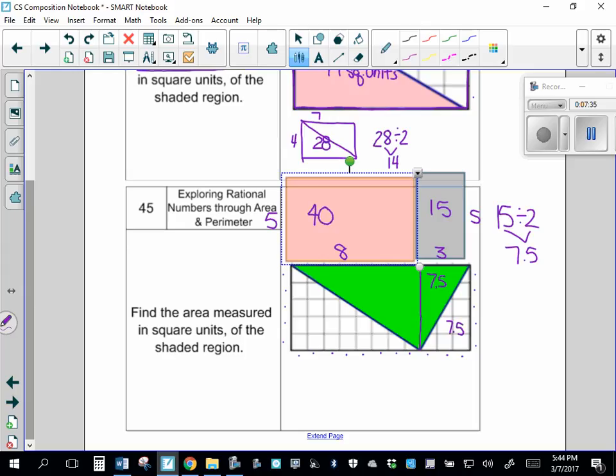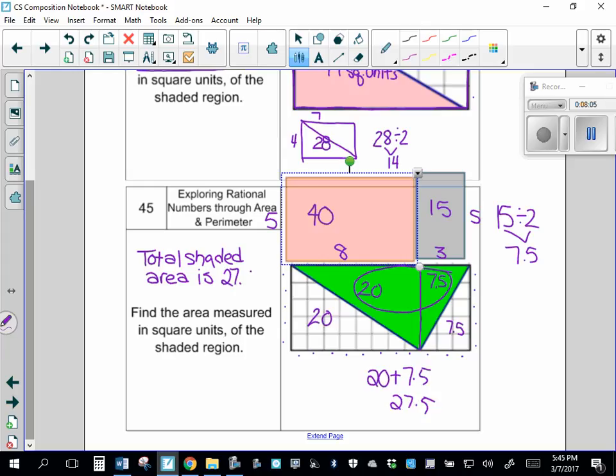And so half of that rectangle is 20. So there's 20 there and 20 there. So the total shaded area is 20 plus 7.5, or 27.5 square units.